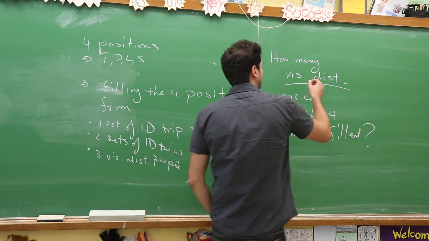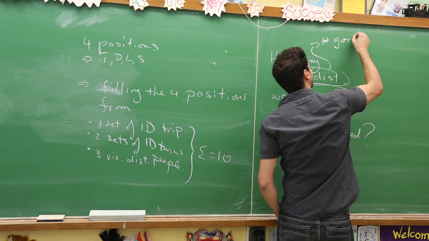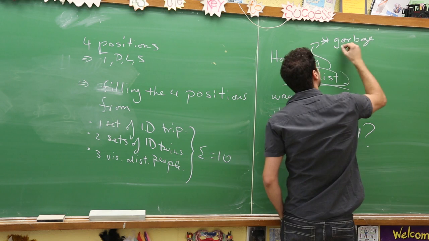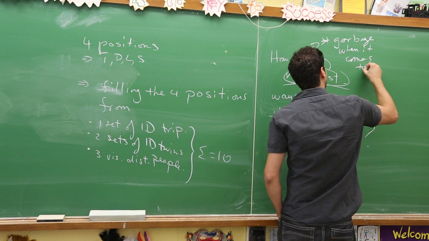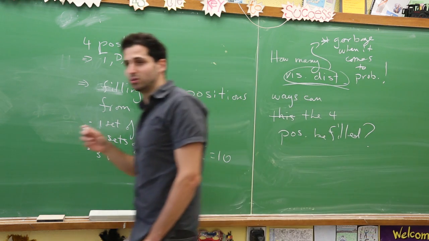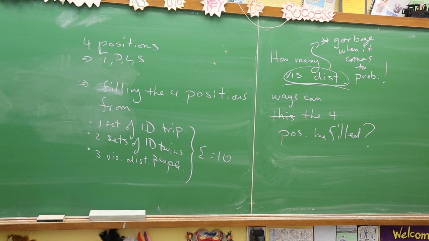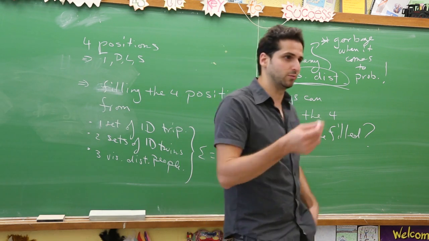But this whole visually distinguishable thing is garbage when it comes to probability. And that's critical, okay? People make that mistake all the time. People who have experience with this stuff make that mistake.